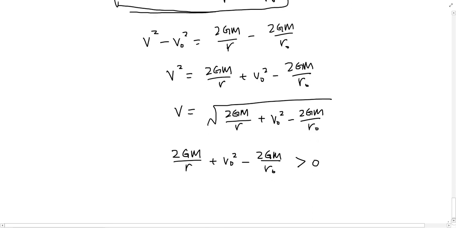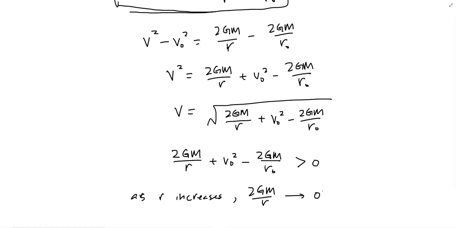Now, the second thing I notice is the following. As r increases, meaning as the rocket continues to move further and further away from Earth, 2gM over r would approach 0 because r on the bottom continues to get bigger. Now, of course, realistically, r is not going to get too big before it escapes Earth.